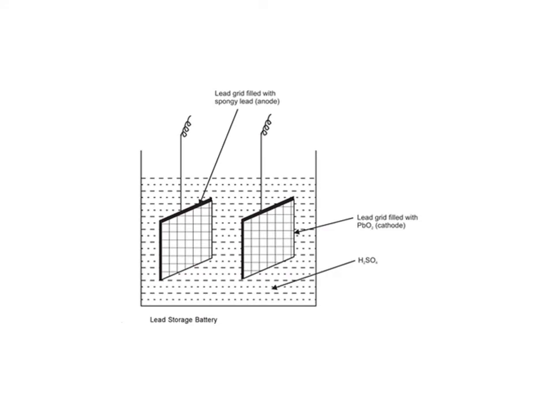This is a figure of a lead acid cell in which you can see one anode, one cathode and an electrolyte. Lead grid filled with spongy lead acts as an anode. Lead grid filled with PbO2 acts as a cathode and 28 to 30% H2SO4 acts as an electrolyte.